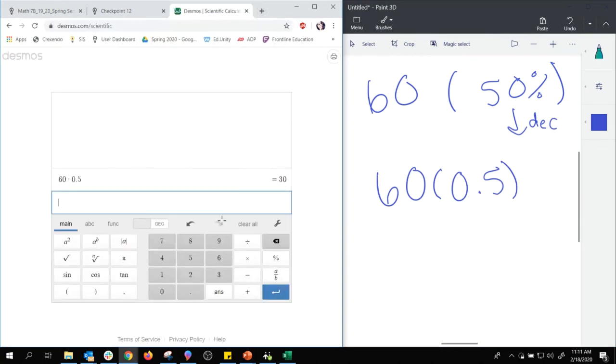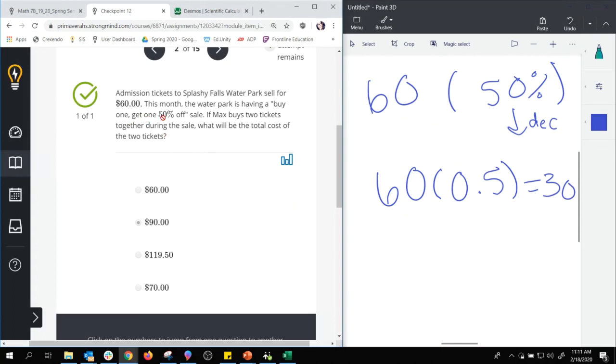Which gives me 30. Okay, so if it's buy one, get one 50% off, that means that if I buy one ticket, I pay full price, and then the second ticket I buy is 50% off. Okay, so what is the price of a normal ticket? So this is the first ticket I'm buying.